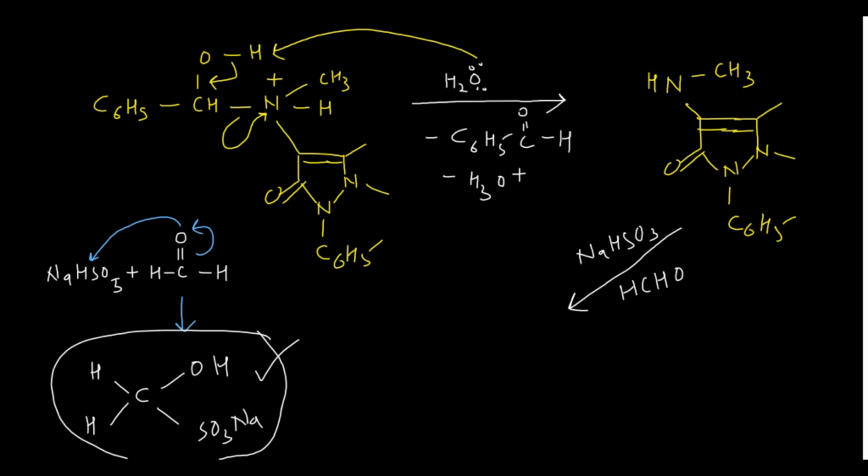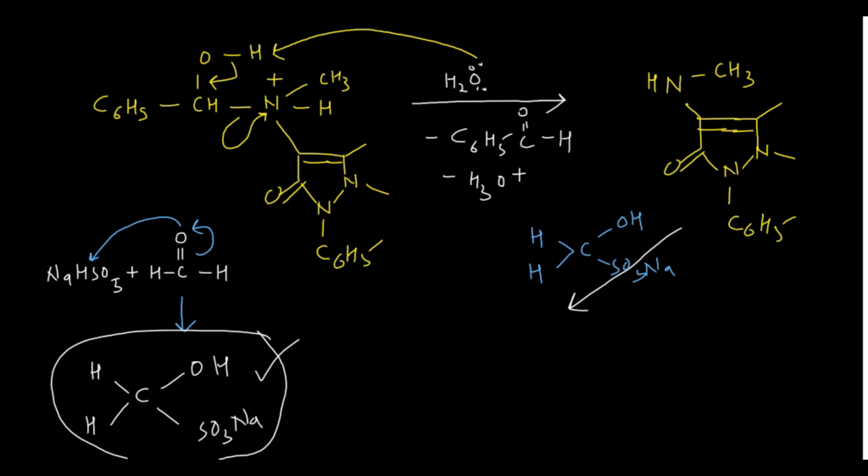Otherwise you will find it very difficult. So I can remove these two things which I have shown you here, and instead of writing all the things, I am writing just like that: these two hydrogens, this is my OH and this is my SO3Na.